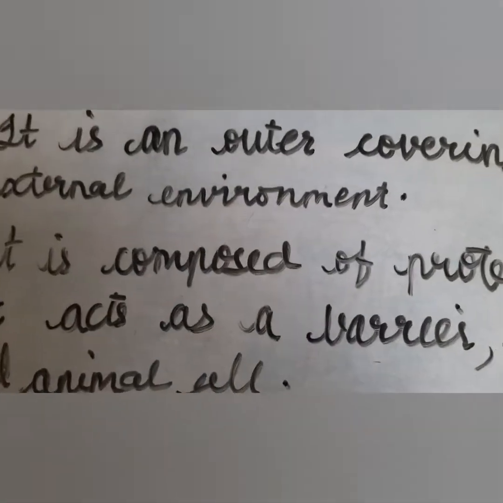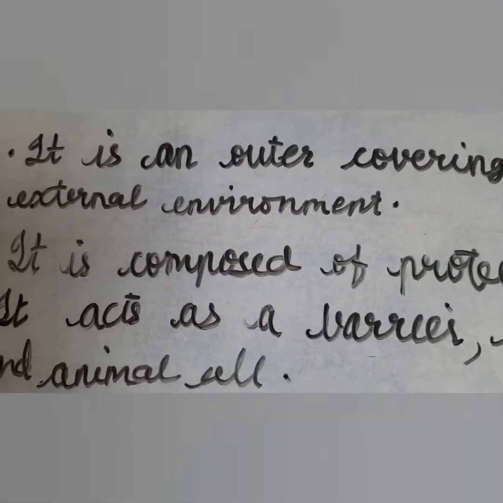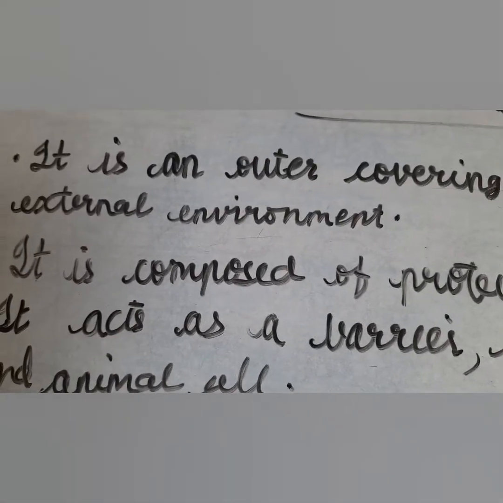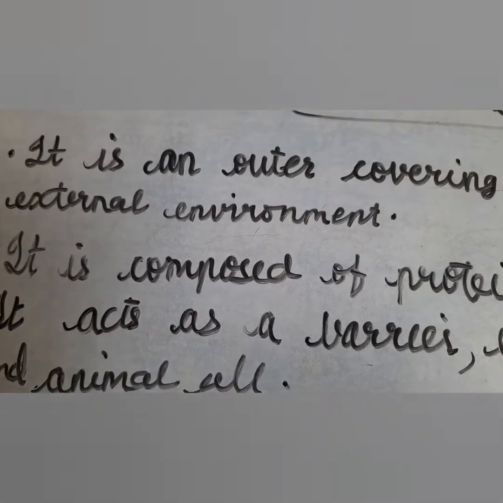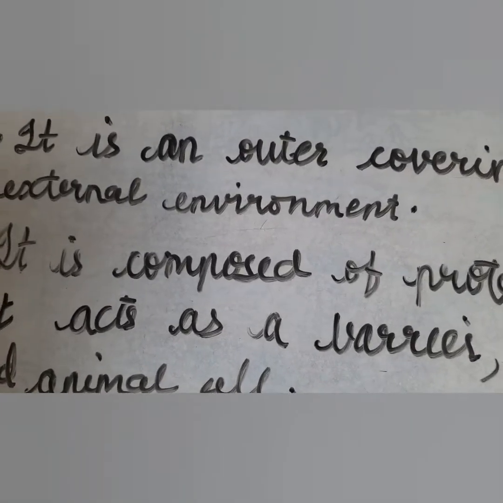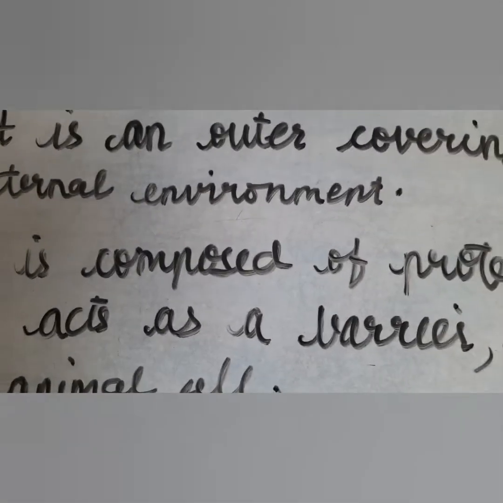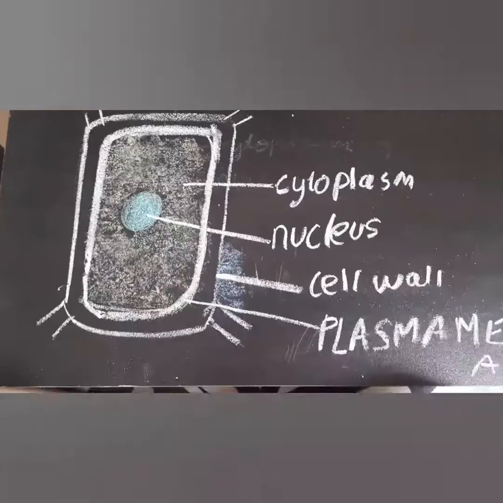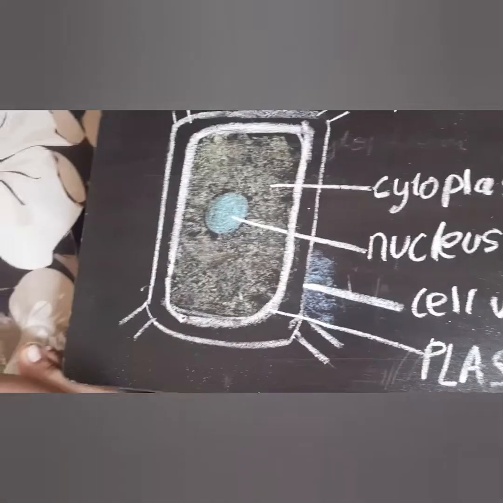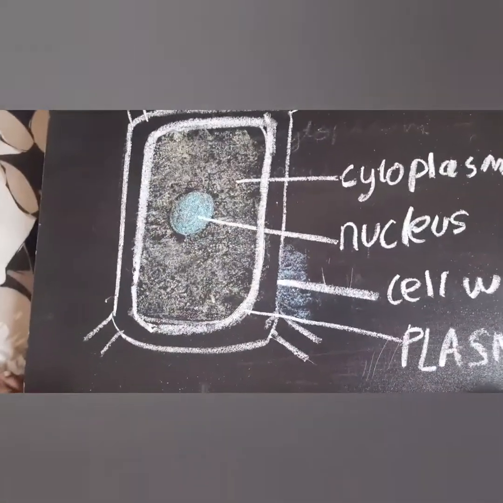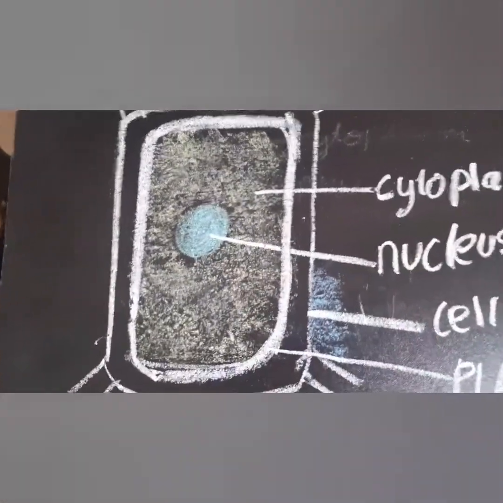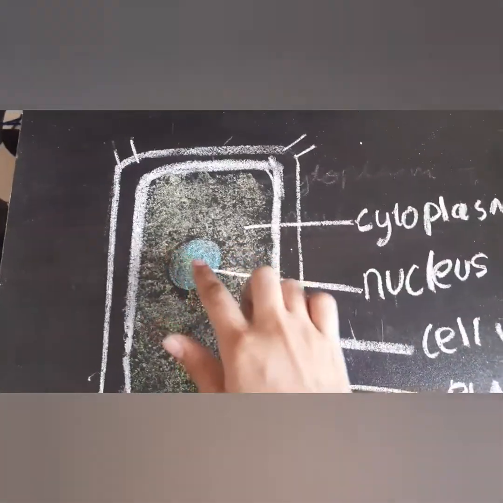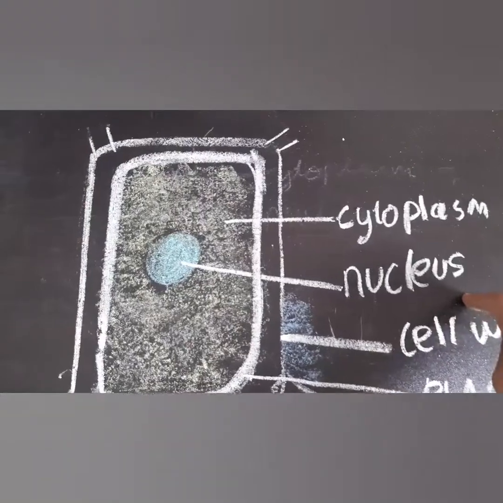We know that there are two types of cell, plant cell and animal cell. Let's see where the plasma membrane is actually located. Here I have the basic diagram of the plant cell. The round structure is the nucleus of the cell.